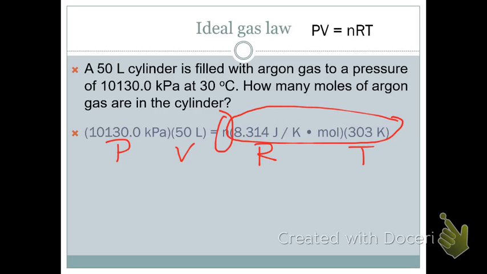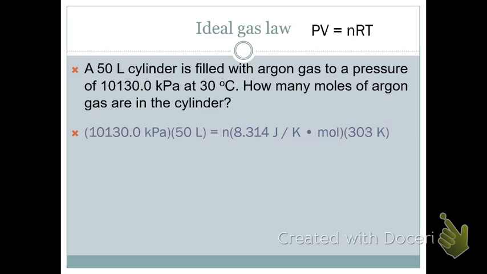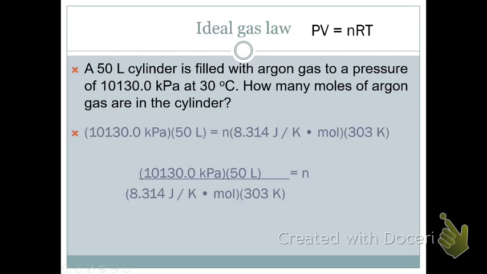I'm going to divide both sides, which sets up my equation to look like this: pressure times volume divided by R times temperature.